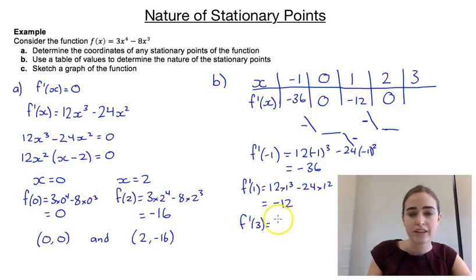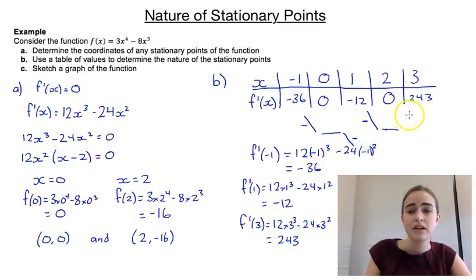So we'll substitute 3 in there, so we'll have 12 times 3 cubed minus 24 times 3 squared, which will give us 243. So 243 is a positive number, so that means that our gradient is positive, so the function is increasing over there.